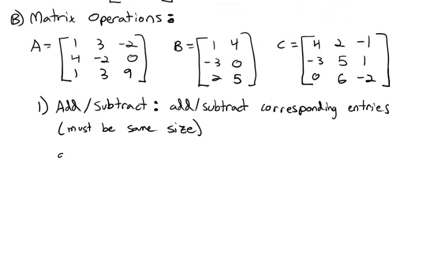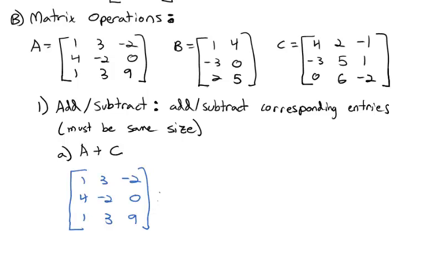So, moving too fast here. Let's do matrix A plus matrix C. Matrix A is 1, 3, negative 2, 4, negative 2, 0, 1, 3, 9, plus matrix C, which is 4, 2, negative 1, negative 3, 5, 1, 0, 6, negative 2.